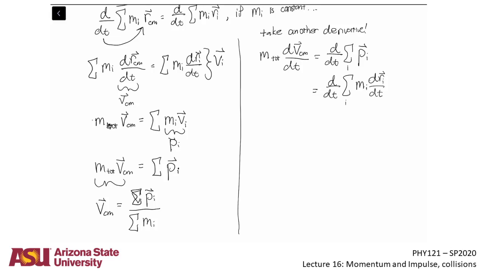Okay? Now I'm going to bring the derivative inside. What's this? This is acceleration, right? So that means that this is equal to the sum of m_i a_i.